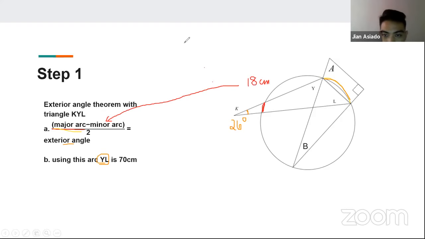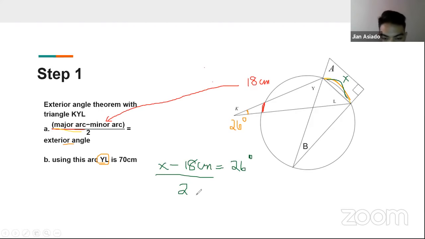Okay, so, sige, sagutan natin siya. Major arc yung unknown, so, pangalanan na lang natin ito, si major arc na, let's say X, no? So, si X minus si minor arc, 18 centimeters, over 2 is equal to na exterior angle natin, well, it's 26 degrees.